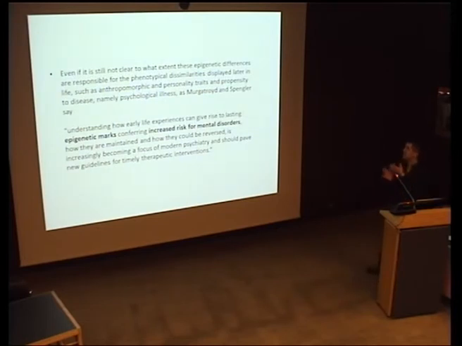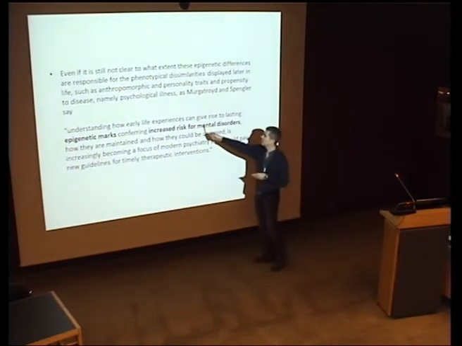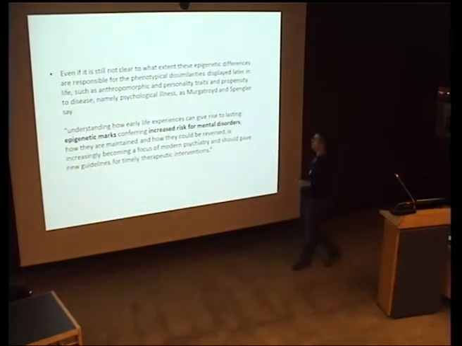So even if it is still not clear to what extent these epigenetic differences are responsible for the phenotypical dissimilarities displayed later in life, as Murgatroyd and Spengler say, understanding how early life experiences can give rise to lasting epigenetic marks conferring increased risk for mental disorders, how they are maintained and how they could be reversed is increasingly becoming a focus of modern psychiatry and should pave new guidelines for timely therapeutic interventions.